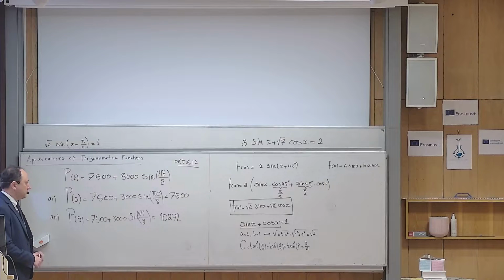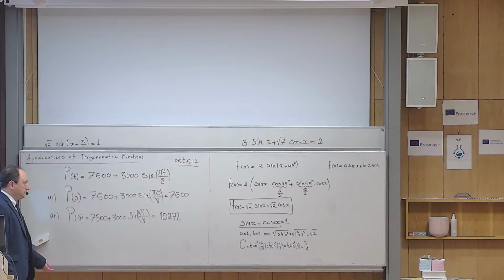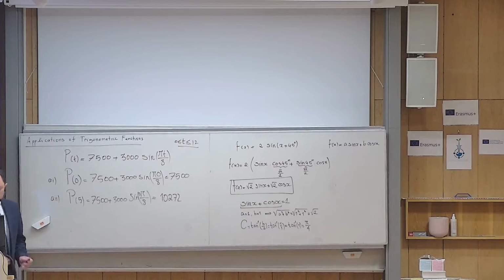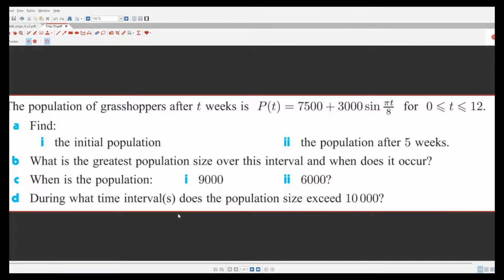So the population has grown. Okay, now let us go back to the question. What is the greatest population size over this interval, and when does it occur? Okay, this is a better question.